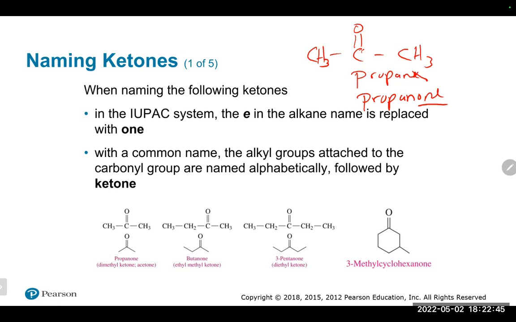Now, unlike aldehydes, the carbon-oxygen double bond group is definitely interior. There can be times where it can be at multiple locations on the carbon chain. So right around 4-ish or so carbons, you do need to give the location of where that carbon-oxygen double bond is located.